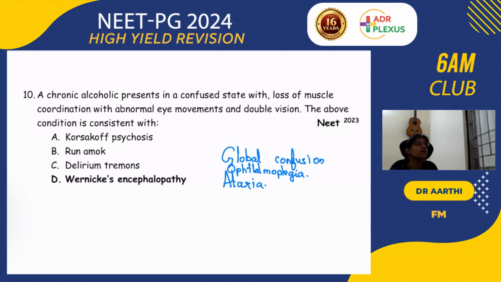So GOA is seen in Wernicke's encephalopathy. Let's understand a bit about Wernicke's encephalopathy and Korsakoff psychosis, because Korsakoff psychosis has been asked just now in the Infanticide exam.